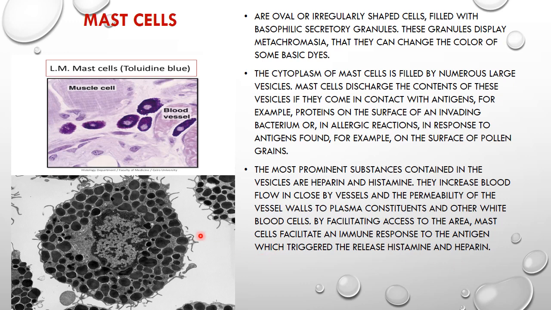So antigens will cause a triggering effect on the mast cells. The mast cells will release their secretions, that is heparin and histamine, from these stored vesicles, and it will increase the blood flow and increase the permeability of the blood vessels to the cytokines and other constituents, and initiate a cascade of immune response.